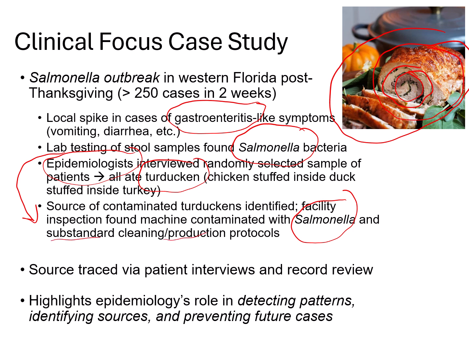So these epidemiologists were able to link that gastrointestinal illness to contaminated turducken through those patient interviews and then also reviewing their health records and lab tests. So this illustrates the combination of pattern recognition and microbiological confirmation that really defines epidemiology.